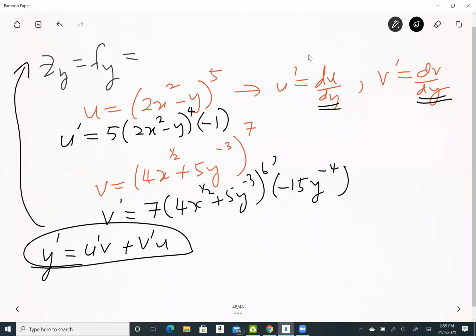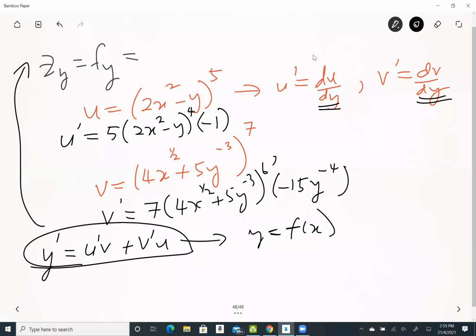But don't confuse, this y prime is the one that we use as our guideline. So that was y as a function of x. That y prime is not the y prime here. This is just to get us the formula. Whatever the function is, the formula is this, so you apply the formula.